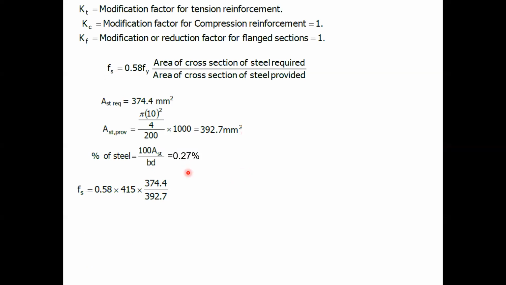So how much are you getting for the Fs value? 229.48. Okay, right. So it is 229.4 Newton per mm square. Next, you have to calculate the KT value. You have to refer to figure 4 from the code.